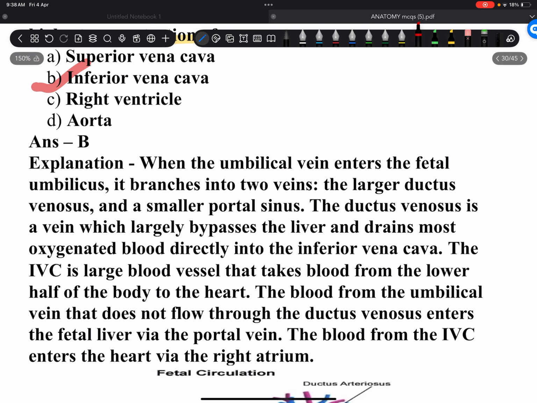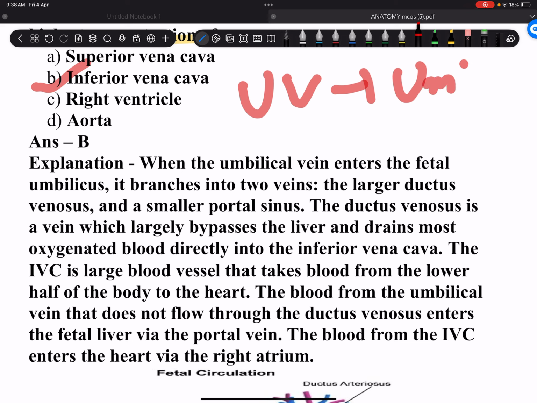When the umbilical vein enters the fetal umbilicus, it branches into two veins, the larger ductus venosus and the smaller portal sinus.